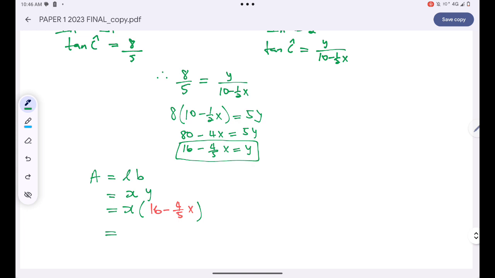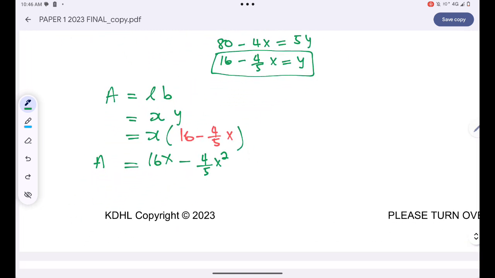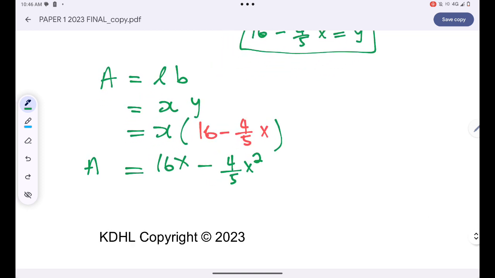All I can do here is remove the brackets. I'll end up having 16x minus 4/5 x squared. So this is an equation for my area. But they told me to find the dimensions of the rectangle if I have a maximum area. For maximum, I just need to differentiate the equation of my area.